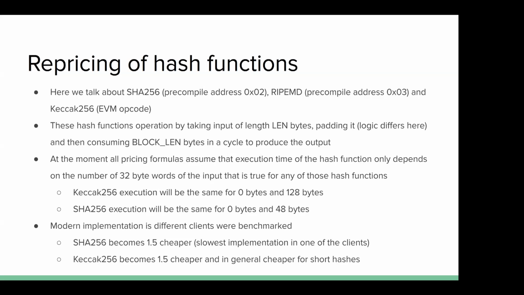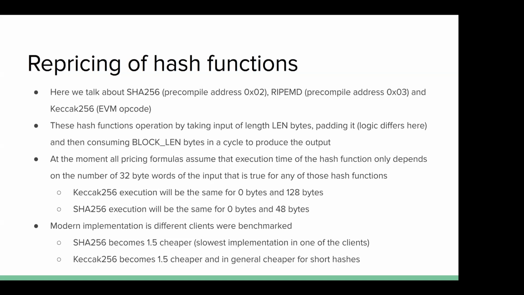Does that automatically mean that it's a DOS vector? No, it doesn't mean that it's a DOS vector. Those numbers which are proposed, I mean, if you represent the internal structure of the function in your gas pricing formula, it's not a DOS vector as it is. You just need to place proper coefficients in a formula. And those coefficients are also determined from the benchmarks.